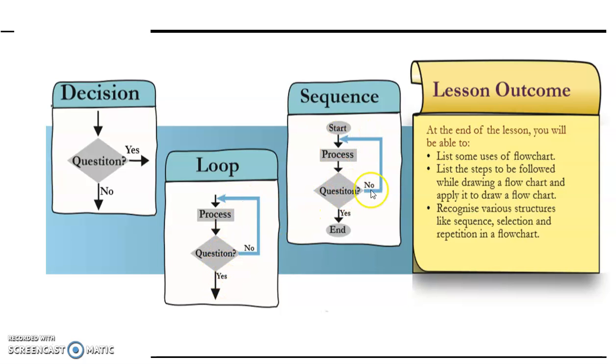Then it will become a sequence. So our lesson outcomes in this video are: some uses of a flowchart, list the steps to be followed while drawing a flowchart, apply them to draw a flowchart, and recognize various structures like sequence, selection, and repetition in a flowchart.